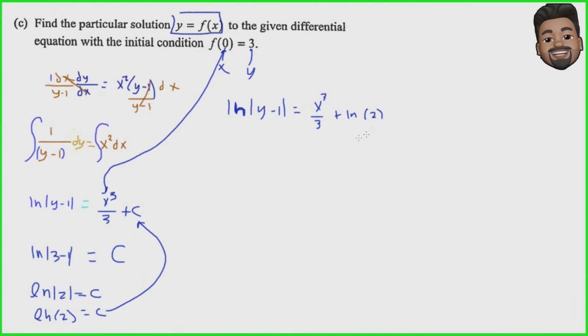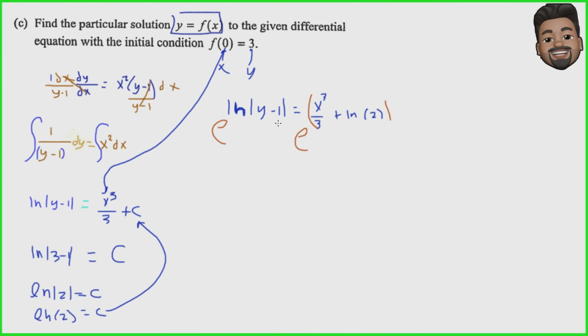So now we need to solve this out. We figured out our c value. We need to basically get y by itself. Well, how do we do that? What's the opposite or the inverse operation of ln? That's going to be e. So we're going to do e to the power of this, e to the power of this. And I'm going to put a set of parentheses. I could rewrite this, the e and the ln could cancel out to this side, but we don't need to do that.